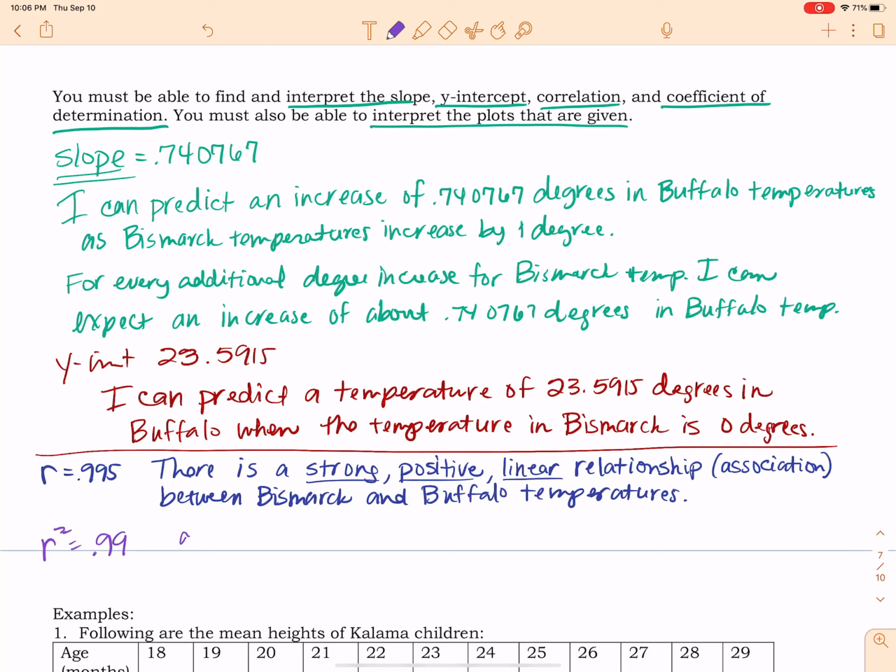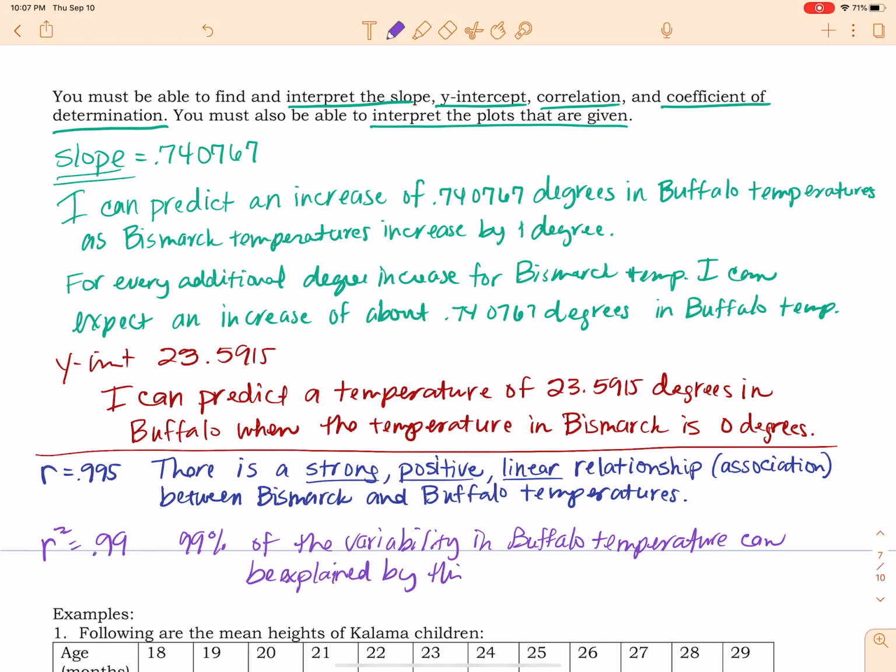What does that mean? 99% of the variability in Buffalo temperature, yes, that always has to be your response variable, can be explained by this linear model.